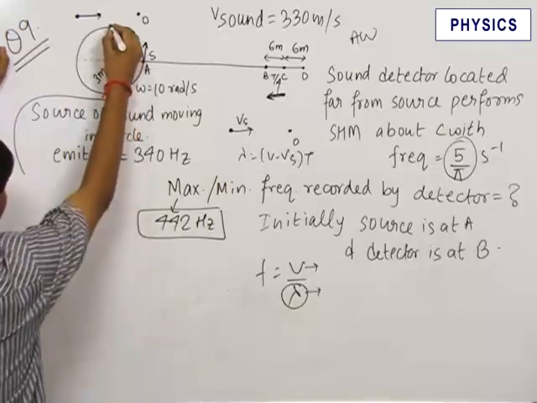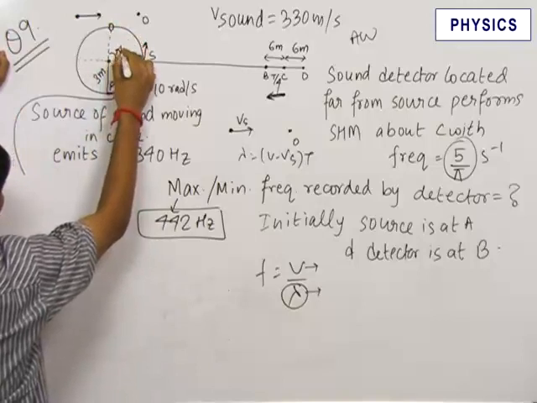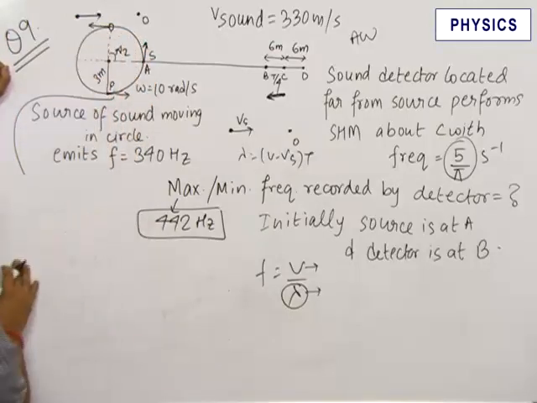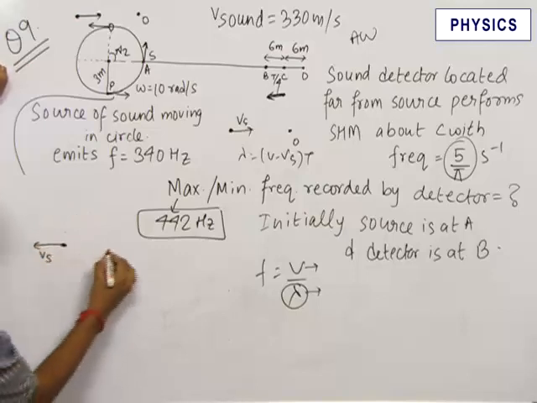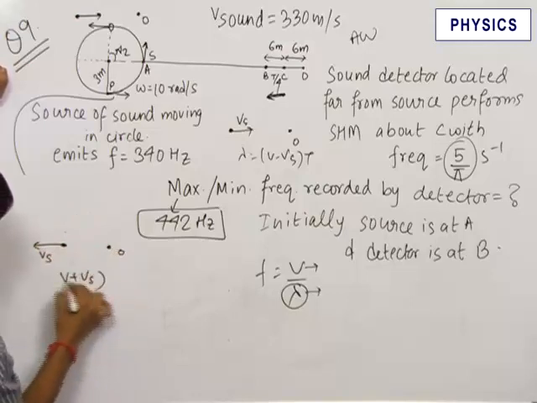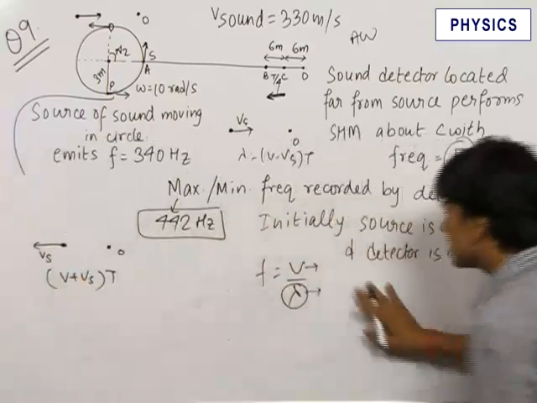So let us check this point, that is at pi by 2. Now at this point, the velocity of source is like this. Now whenever the source is moving away from the observer, then the wavelength is v plus vs into t, that is the wavelength is maximized.